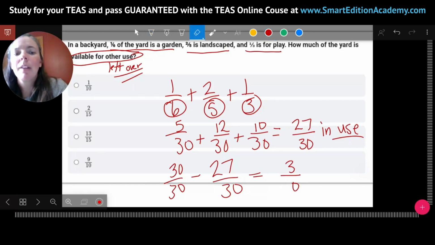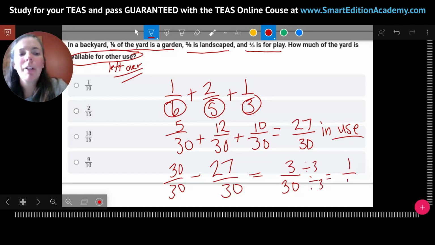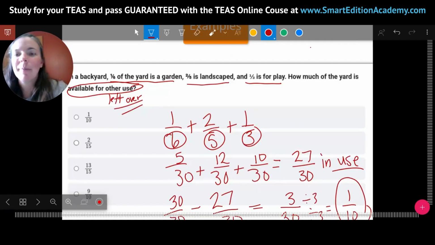Oops, 3 over 30, sorry. Getting ahead of myself there. 3 over 30. So now notice how all of my answers look like they're simplified. So I'm just going to divide each of these by 3 and I will get 1 over 10. Okay, so 1/10 would be left for other uses.